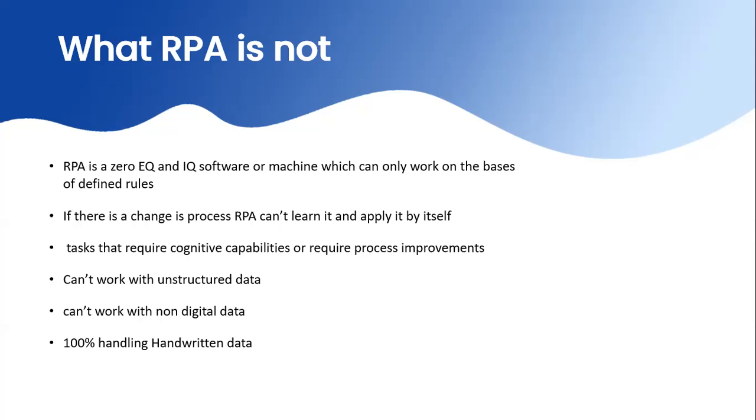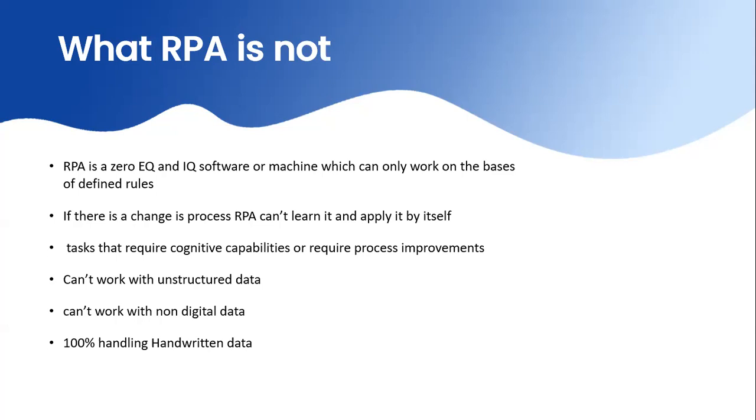100% handwritten data can't be handled. Suppose you went to a doctor, and you know how a doctor writes, right? And you say, my bot is not able to figure out which medicine the doctor wrote. Even you can't figure it out, because 100% handwritten data can't be extracted. You can't say that every handwritten data should be extracted.